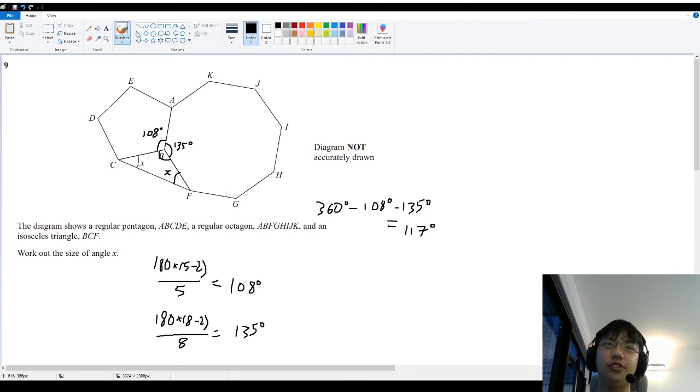So these two angles are the same. So to find the value of x, we take 117 away from 180, and we divide this by 2. So 180 minus 117 over 2 gives us 31.5 degrees. So that's the size of angle x.